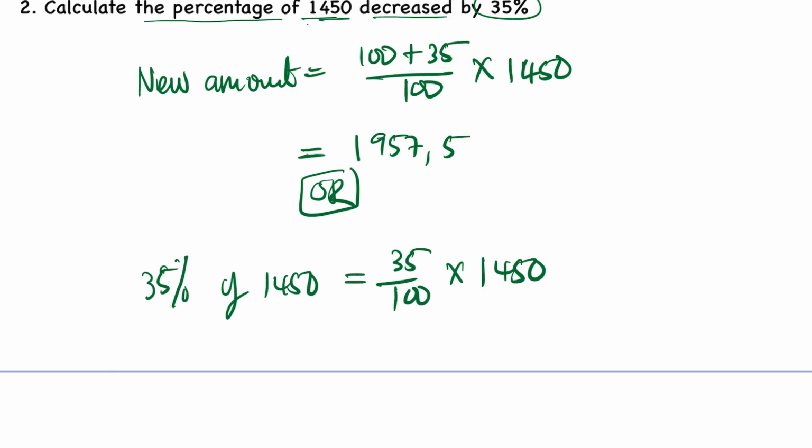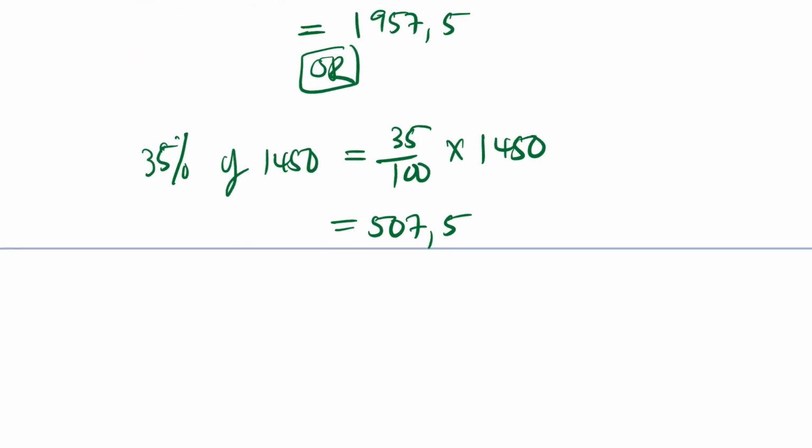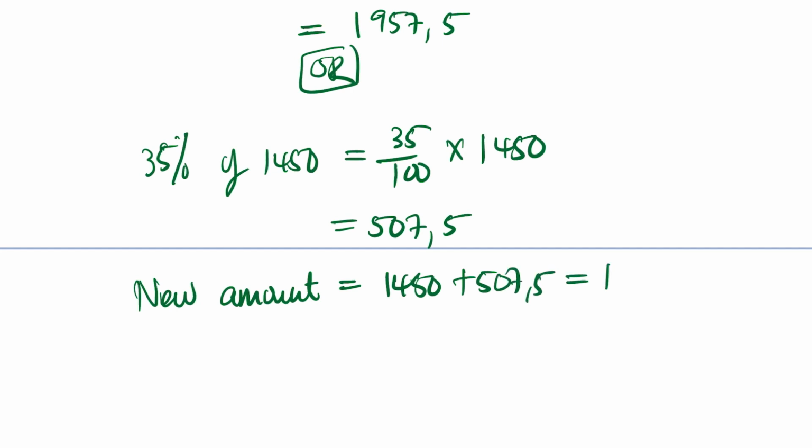Right? So the answer there will be 507.5. And then the new amount, when it increased by 35%, will be 1,450 plus 507.5. It makes 1,957.5. Guys, I hope it makes sense.